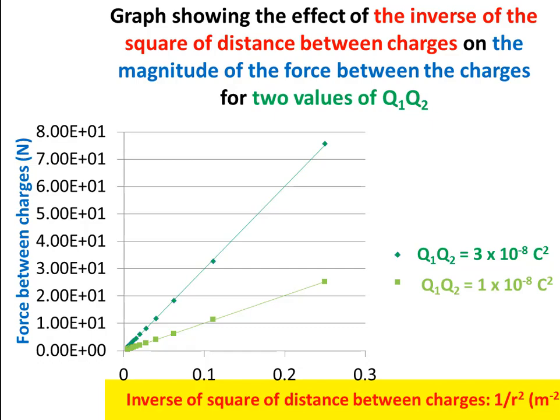So the unit is not meters squared, but meter to the power minus 2, the inverse of meter squared. The dependent variable is again force between charges, unit newtons. The heading is: graph showing the effect of the inverse of the square of distance between charges on the magnitude of the force between the charges for two values of Q1, Q2.